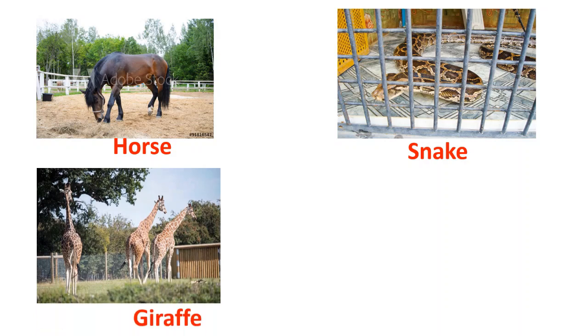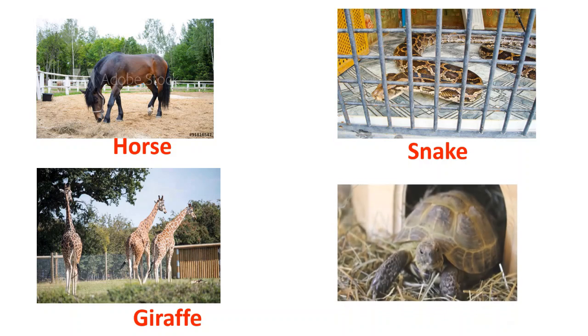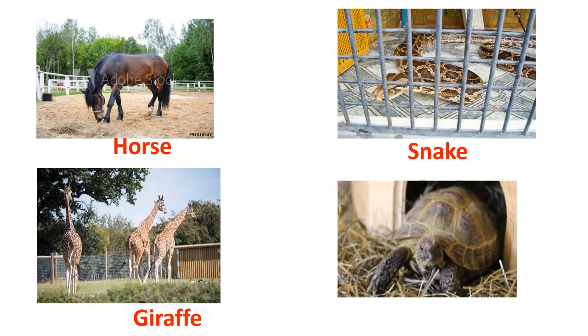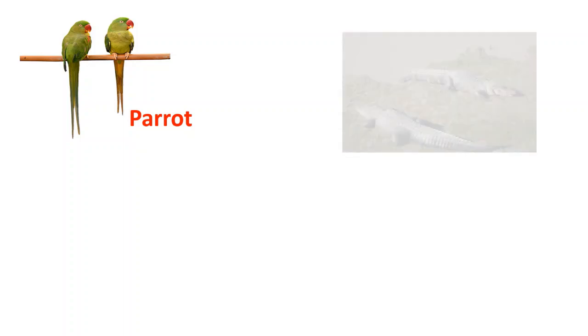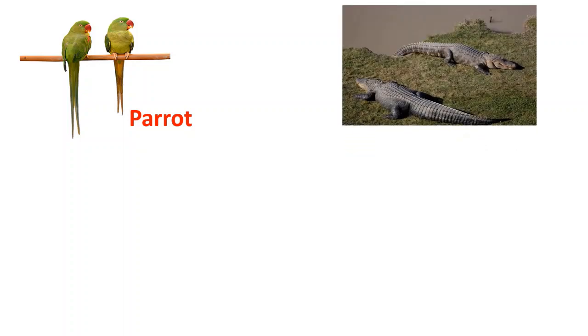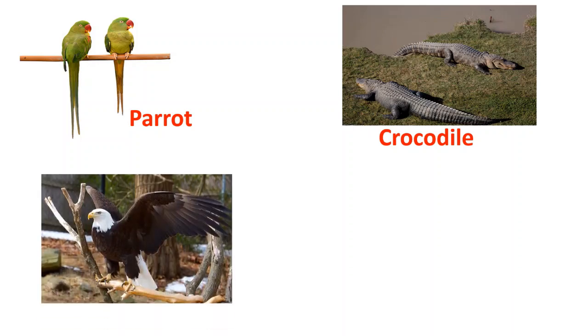Yes, good. Giraffe. Next. Which animal is this, children? Yes, tortoise. What about this, children? Yes, parrot. Very good. Now this crocodile. And this eagle.